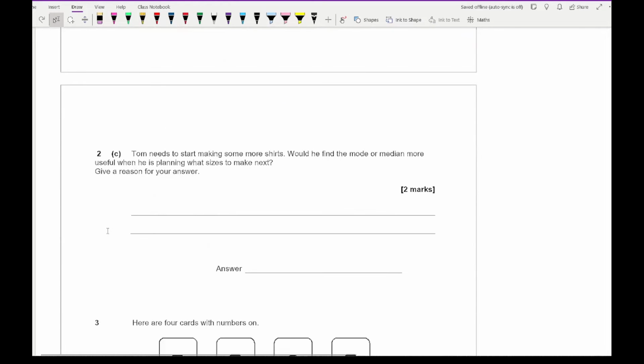And for question 2c, it says Tom needs to start making some more shirts. Would he find the mode or the median more useful when he is planning what sizes to make next? Give your reason for your answer.